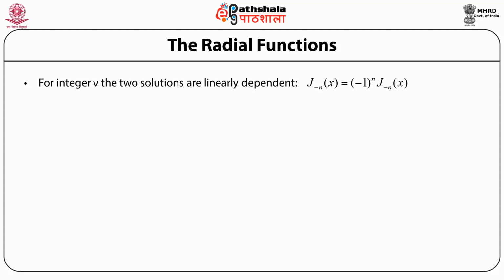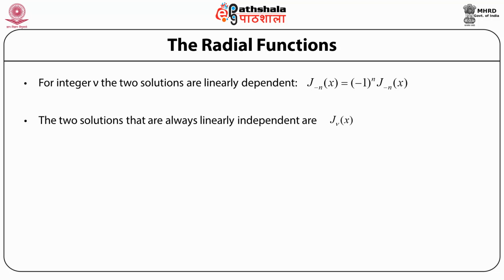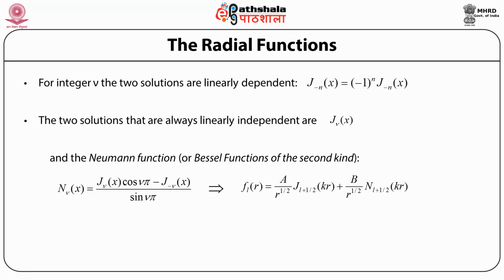For integer v, the two solutions are linearly dependent. So J_(-n)(x) equals (-1) raised to the power n times J_n(x). The two solutions that are always linearly independent are J_v(x) and the Neumann function, or Bessel function of the second kind, N_v(x) equals (J_v(x) cos v pi minus J_(-v)(x)) divided by sin v pi.